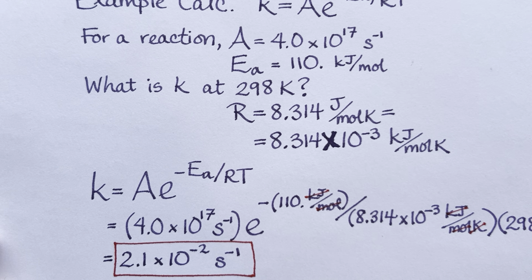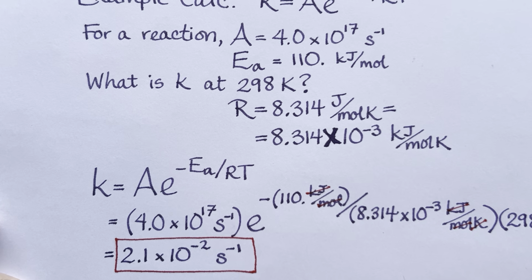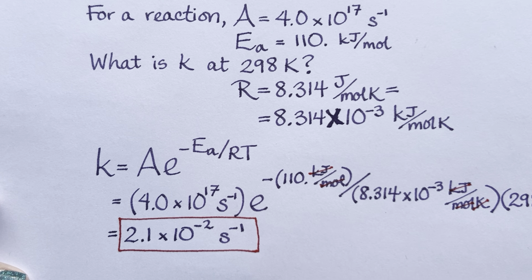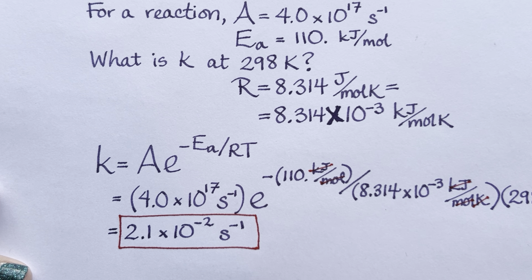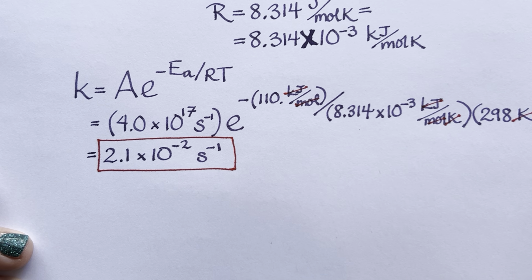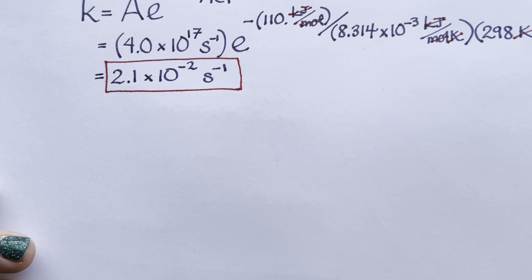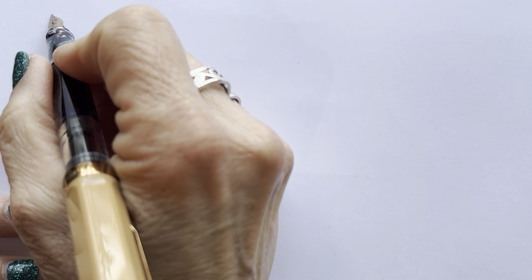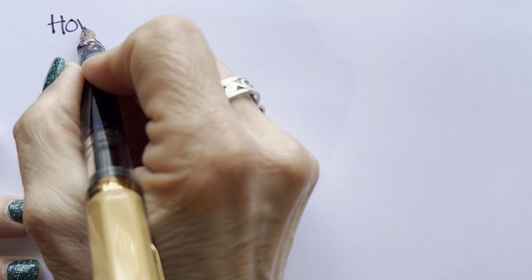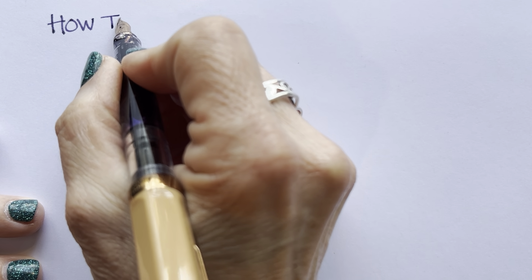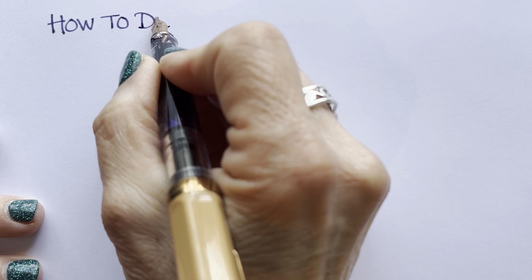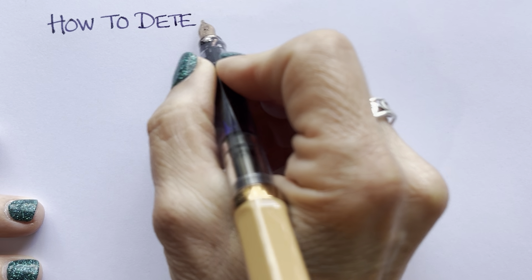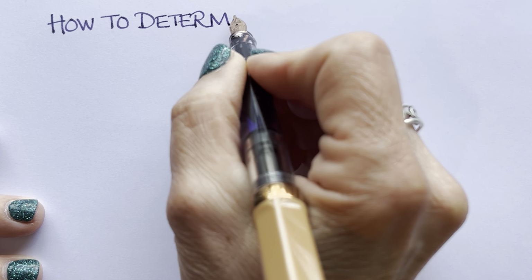One last thing I want to go over is how you can determine activation energy. As usual with kinetics, you need to collect data. You need to go in the lab and actually get some experimental data. But how do people determine that activation energy?